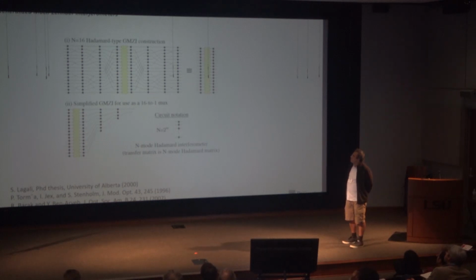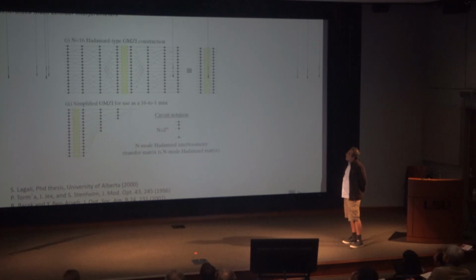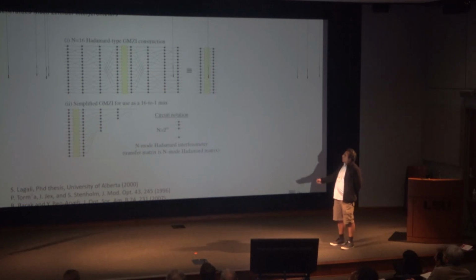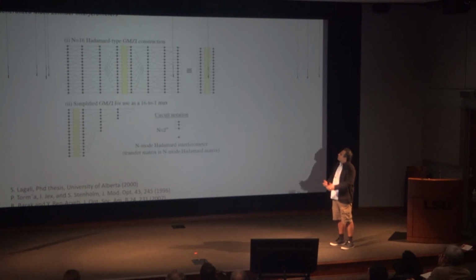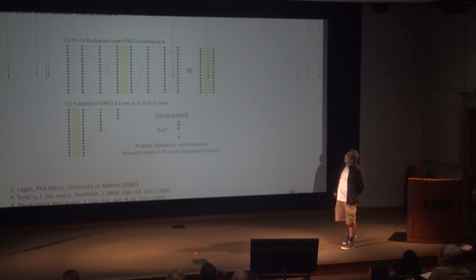And we found a bunch of optimizations for these constructions. For example, you might ask, how short can I make these switches and still produce a useful switching black box?